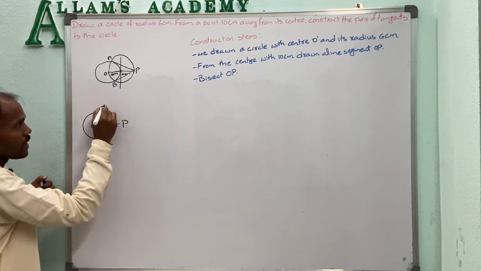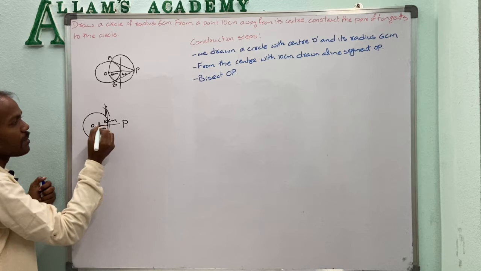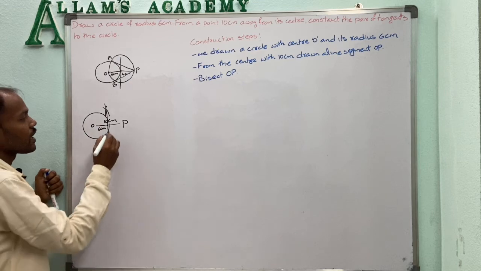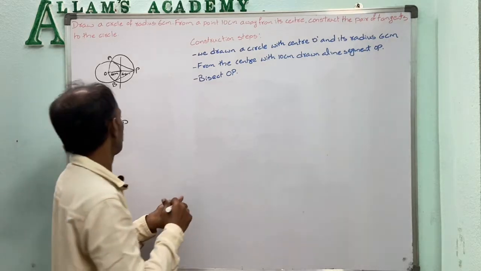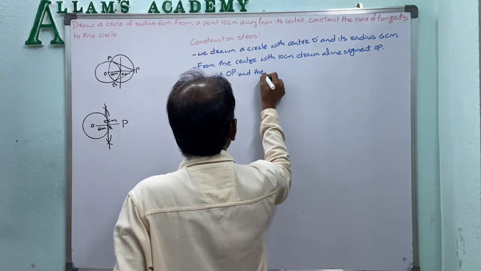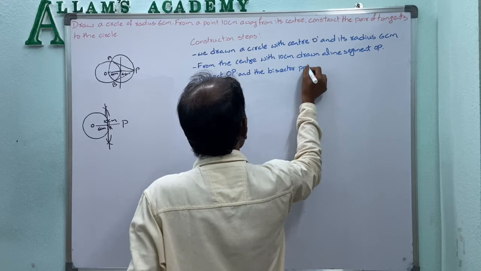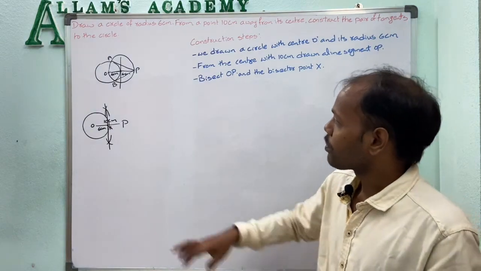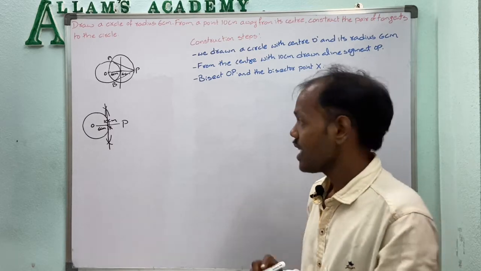Now we join the arcs, and where it touches the line segment, that point is X, the bisector point of OP.